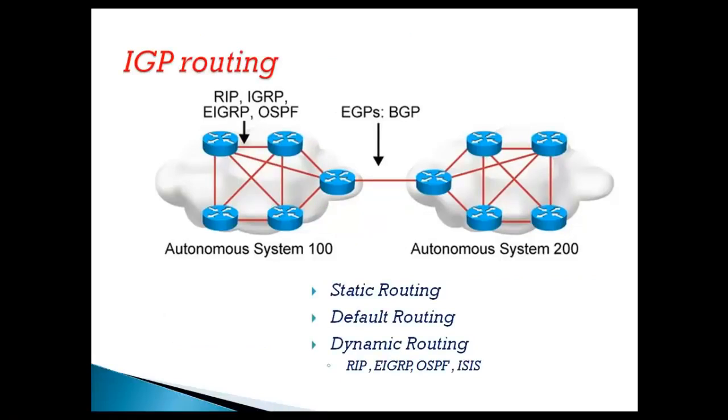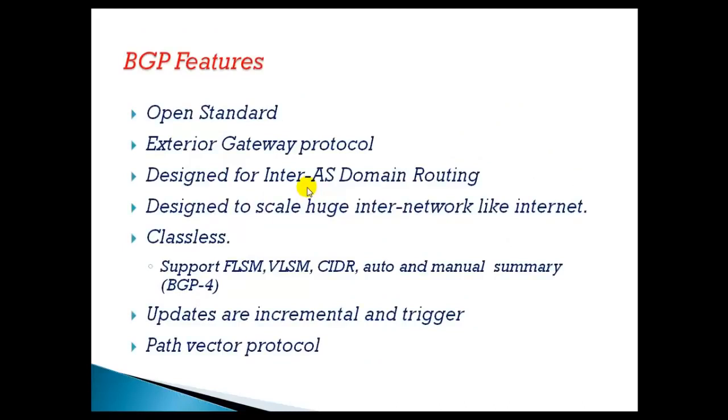When we talk about IGP routing, we have seen static, default and dynamic routing, and inside dynamic routing we have seen RIP, EIGRP, OSPF, IS-IS, all these protocols. So all these protocols operate within the same autonomous system numbers, so we call them IGP protocols. But if you want to communicate between two or more different autonomous system numbers, we use the BGP protocol.